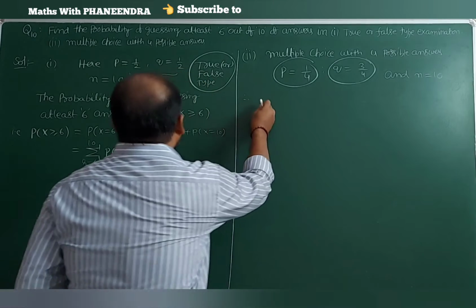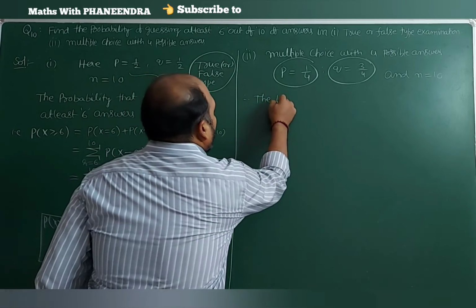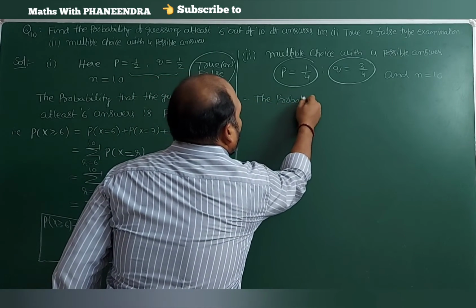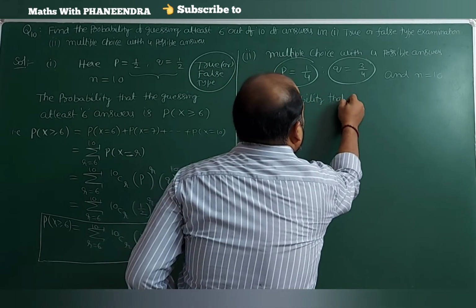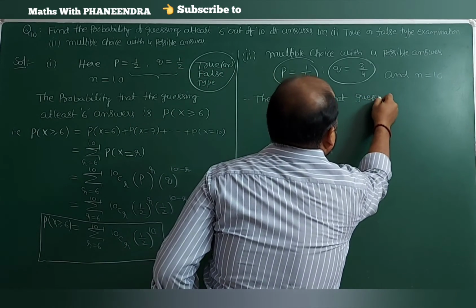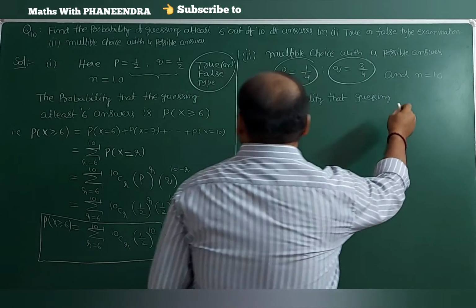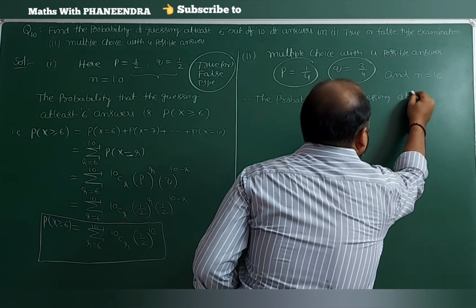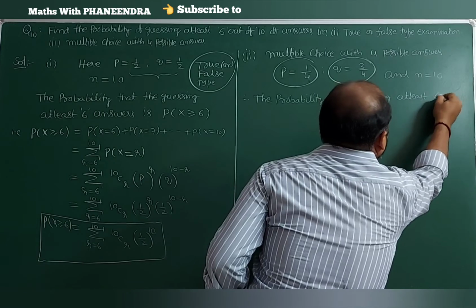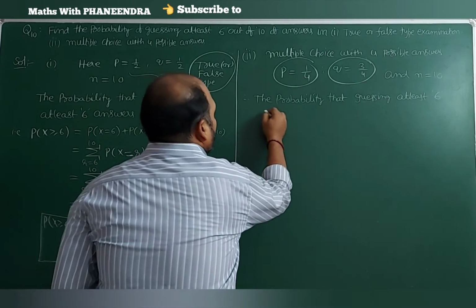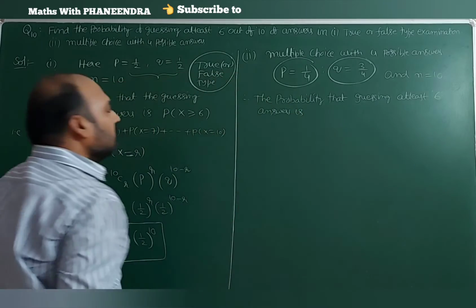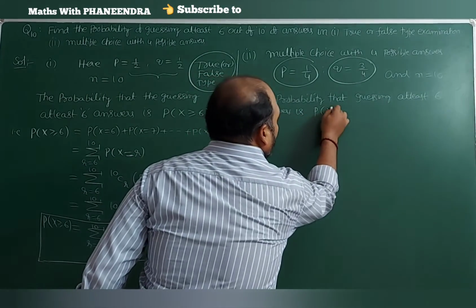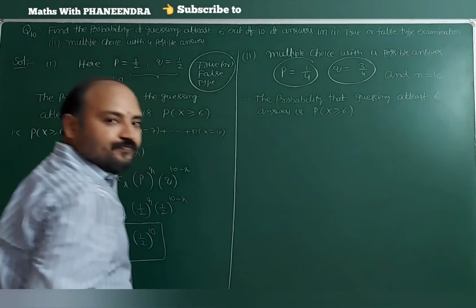Now the probability of guessing at least 6 answers is P of x is greater than or equal to 6.